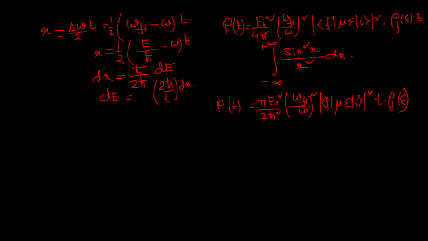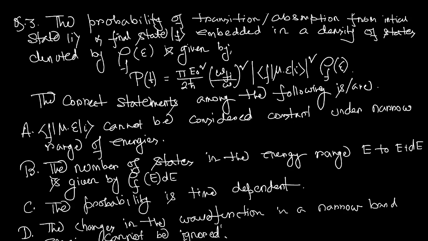Okay, so this is the density of the state. Now coming back to the question, can f mu dot e be considered as a constant over a narrow energy region? It can be, it is constant because it is in an integral form.